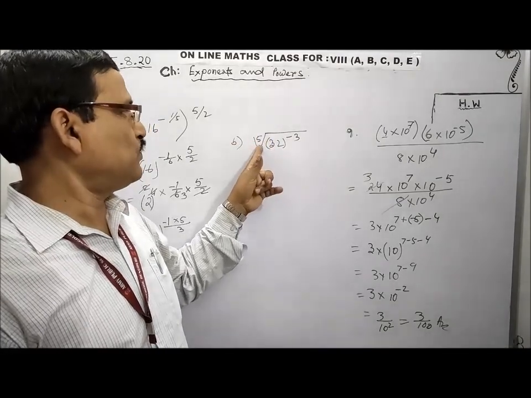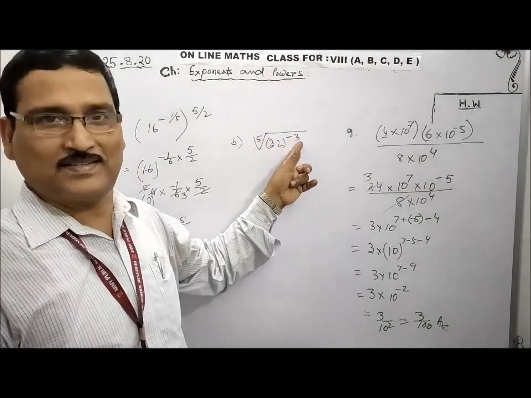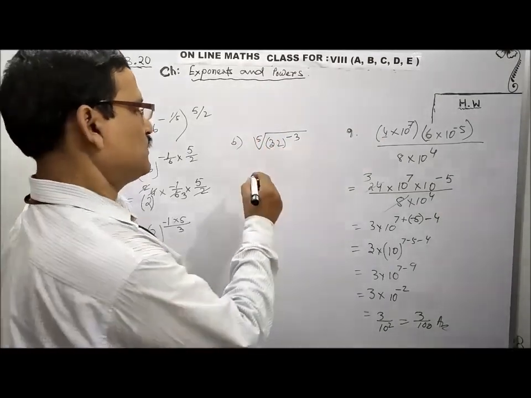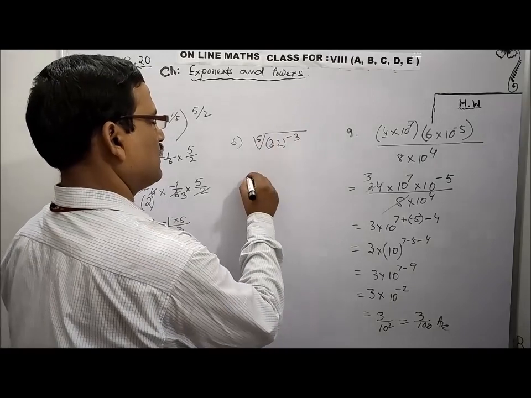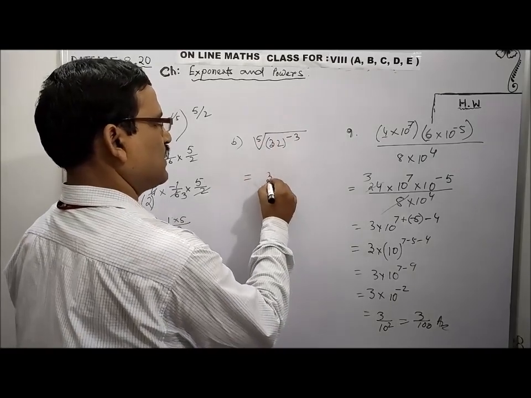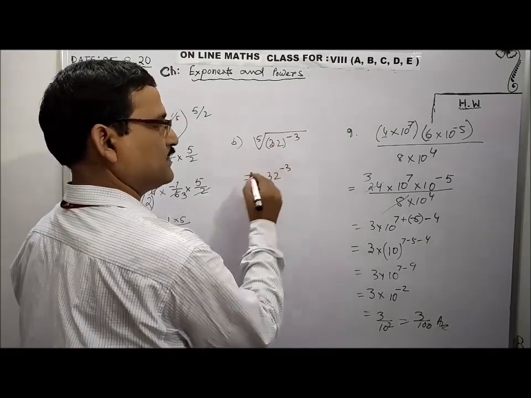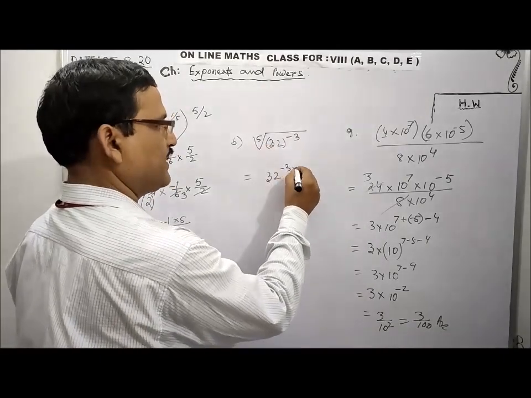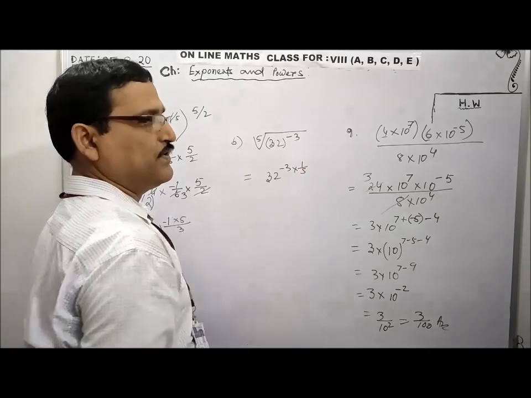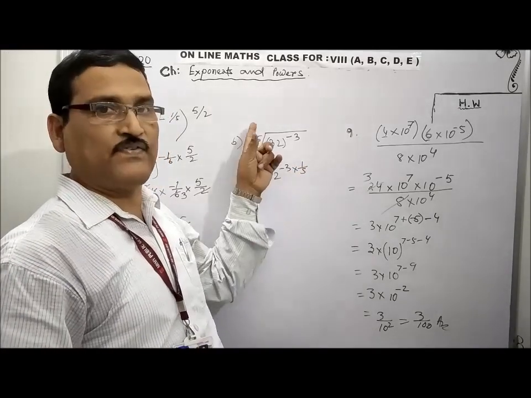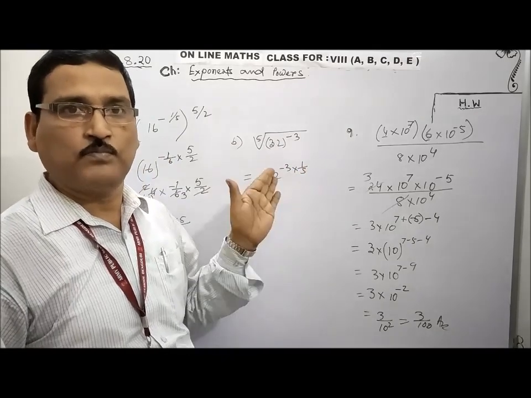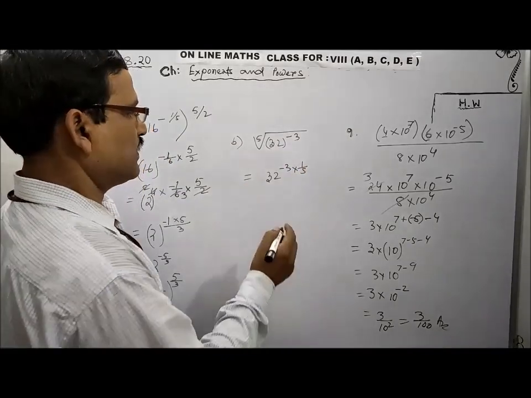It is the fifth root of 32 raised to minus 3. So if I remove this root sign, it will be 32 raised to minus 3 first, and this is the order of the fifth root. How can I write it down? 1 by 5. If it is a cube, 1 by 3. If it is a 4, 1 by 4. This is the rule. Fifth root, third root, fourth root, sixth root, whatever it is.